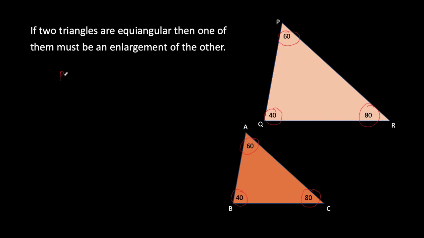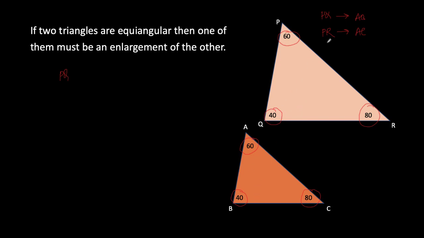The side corresponding to PQ would be AB. What is the corresponding side to PR? This side includes angles 60 and 80. So which side includes angles 60 and 80? That is AC. So the corresponding side is AC.